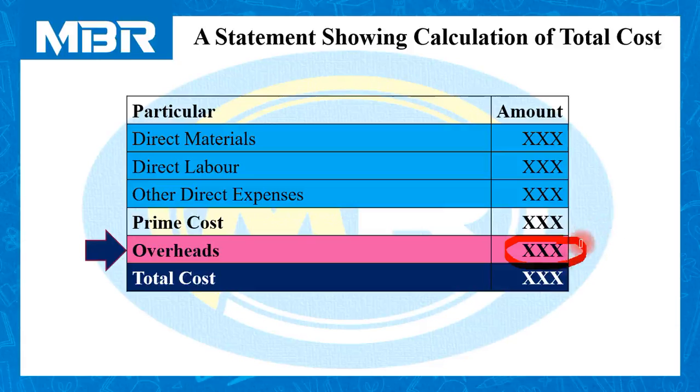So the problem was there related to recovery or absorption of overheads in the traditional method. To avoid this problem, the management accountant has developed a scientific and technical method. This method is known as activity based costing.